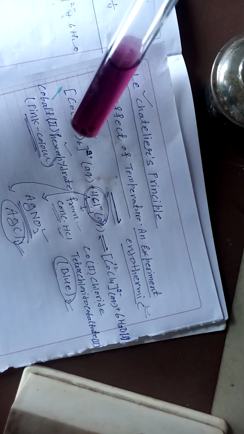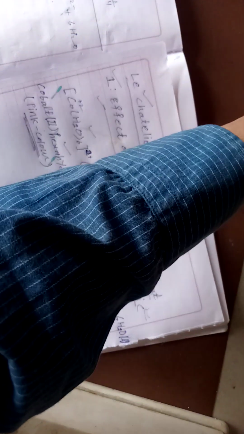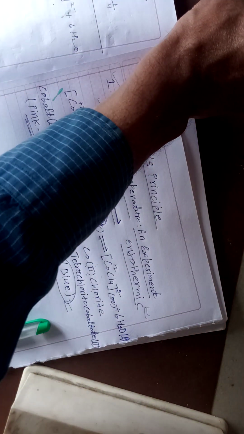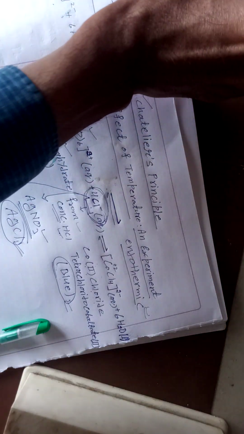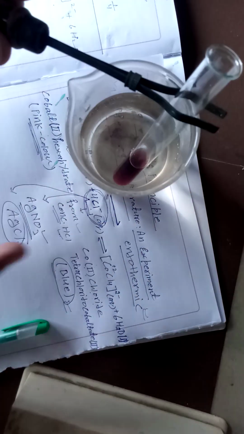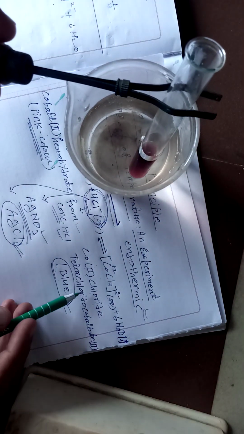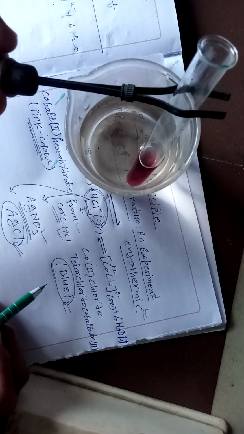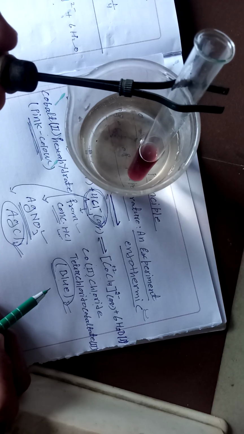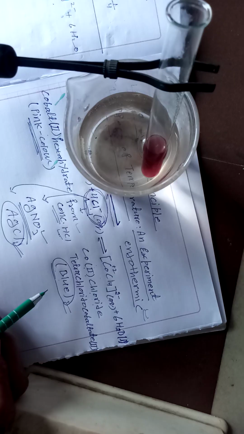Okay, now when we cool this blue cobalt(II) chloride, you can observe that its color gradually changes to pink.